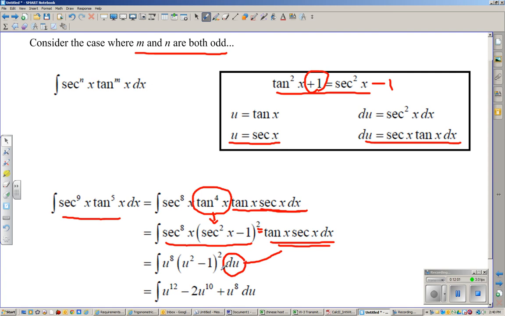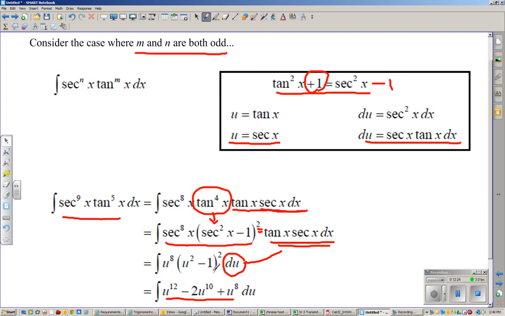and all my secants are going to now be expressed as u to the 8th rather than sec to the 8th, and sec squared is going to become u squared minus 1, and then I'll square that quantity, I'll square that out and multiply through by u to the 8th, and I'll get all this. I think I did that right.